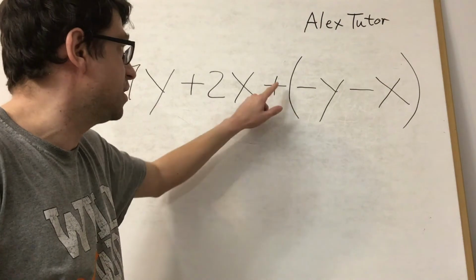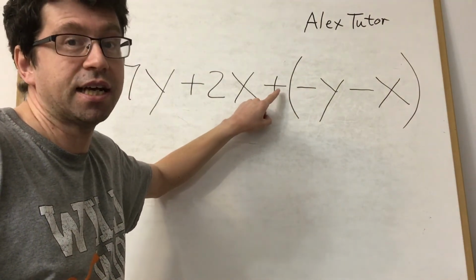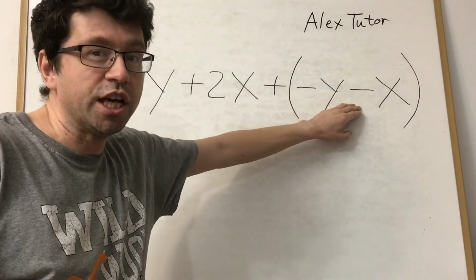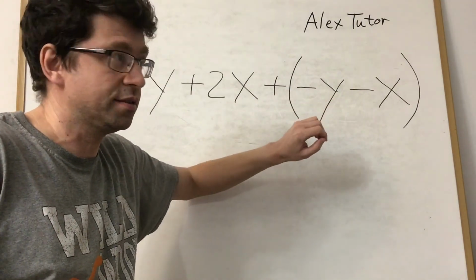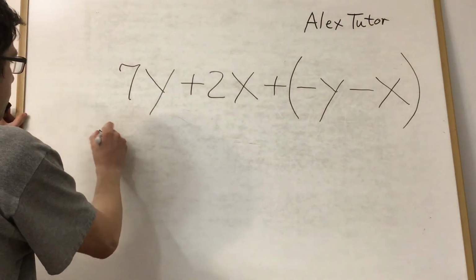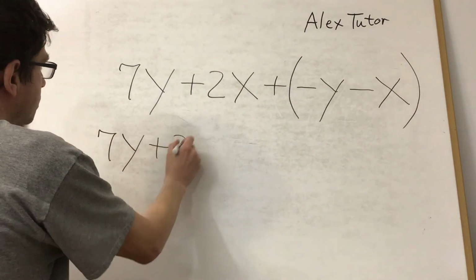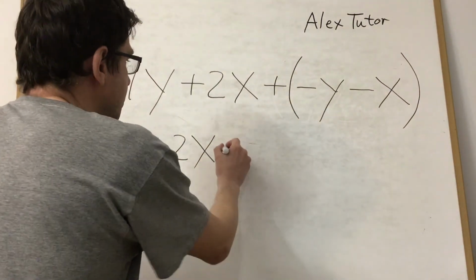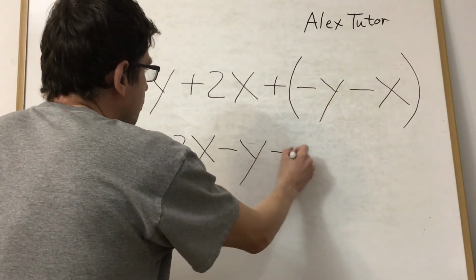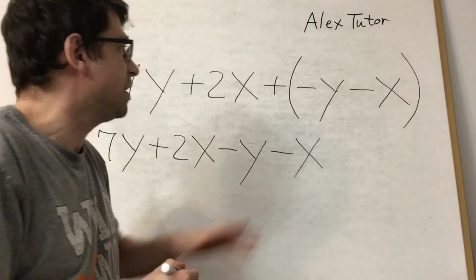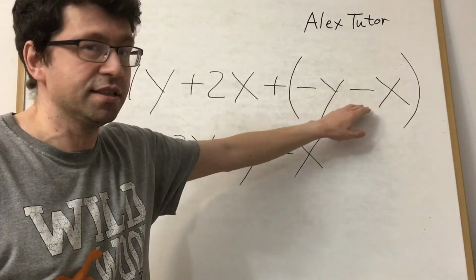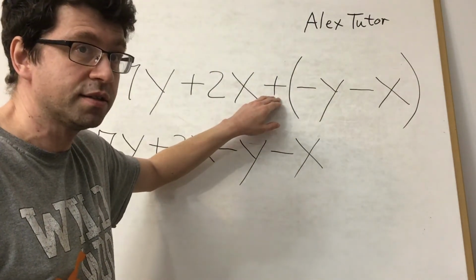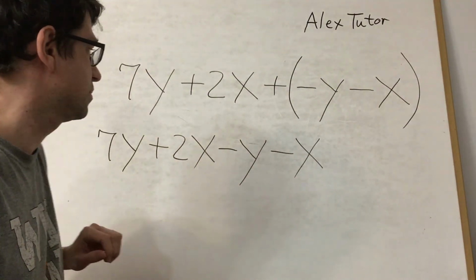And because in front of the parentheses I have a positive sign, plus, I do not change anything inside the parentheses. So I will write 7y plus 2x, and then I will write what inside the parentheses, minus y minus x. I did not change the signs inside of the parentheses because in front of the parentheses is plus.